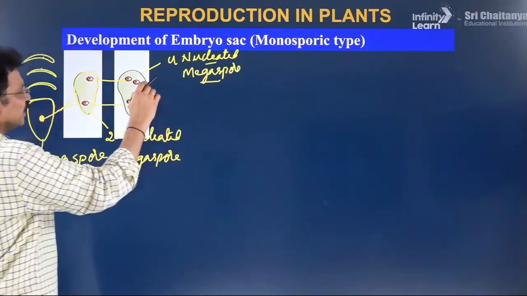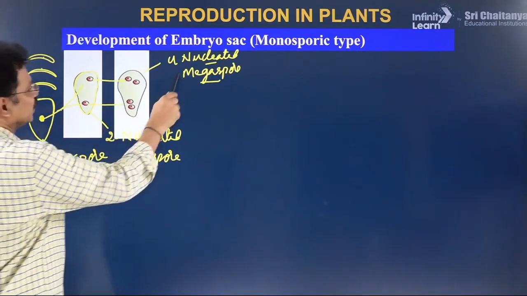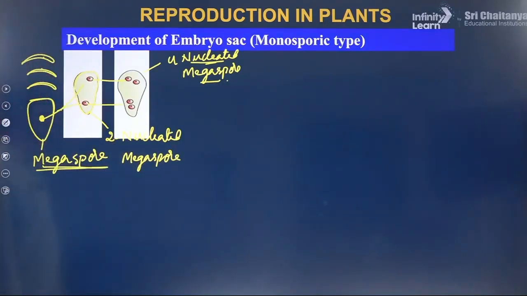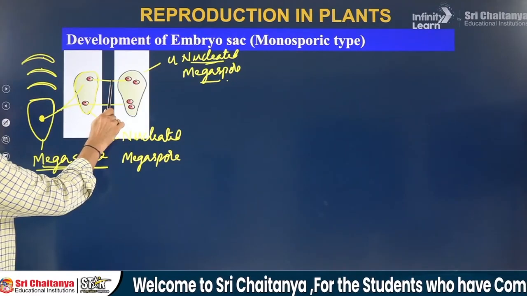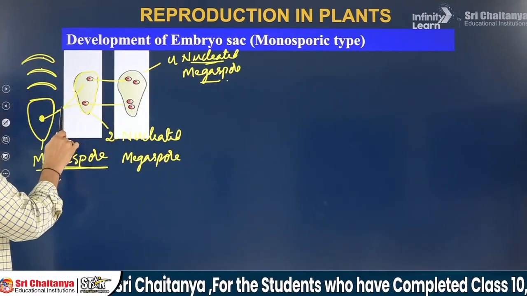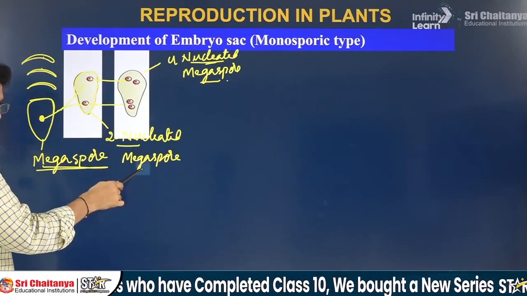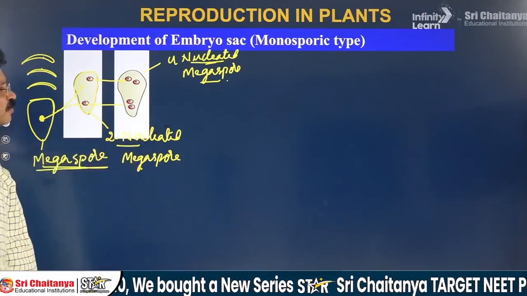Again, we can make one question here. How many mitotic divisions are required to yield a four nucleated megaspore? Two mitotic generations. This is the first mitotic generation, and this is the second. As a result of the first, a two nucleated megaspore is formed. After the second, it gives rise to four nuclei.